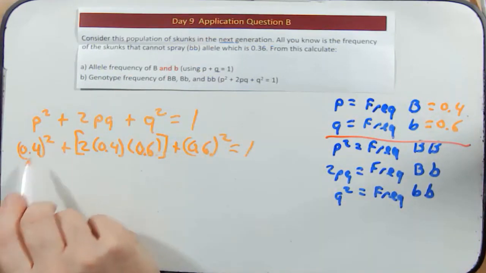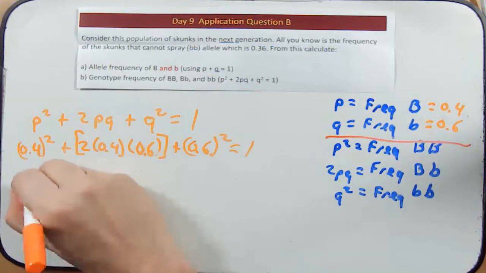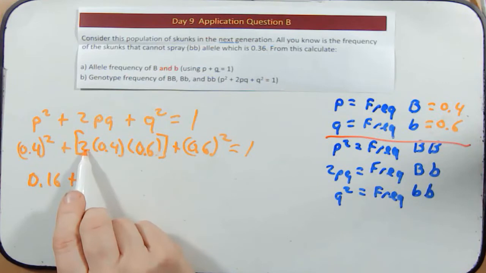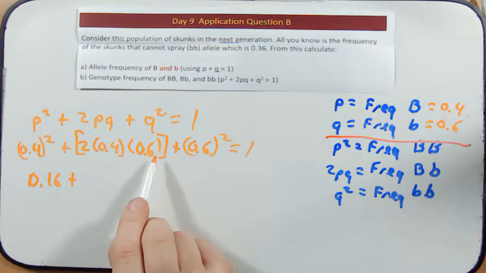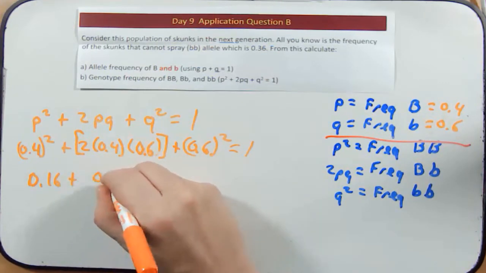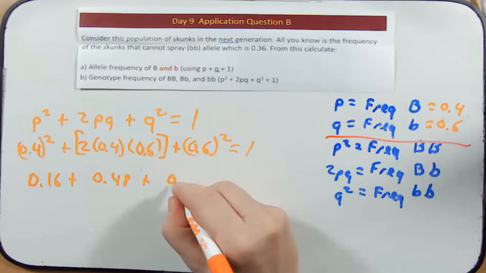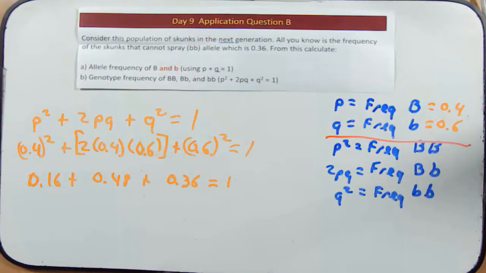So 0.4 squared, that's 0.4 times 0.4, is equal to 0.16, plus 2 times 0.4 times 0.6, which is equal to 0.48, plus 0.6 squared, which is 0.36. And we should check our math, make sure it adds up to 1 to make sure we didn't make a silly mistake.